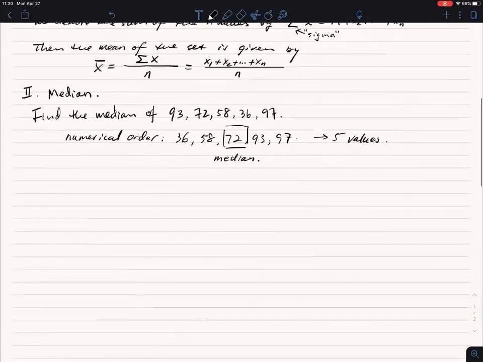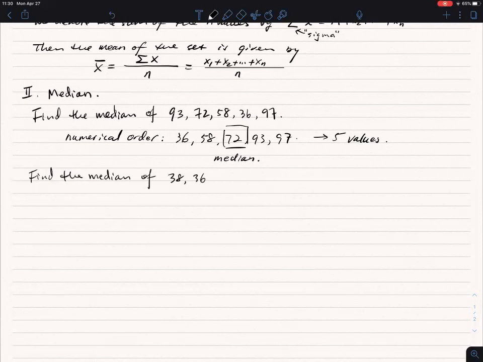Now how about finding the median of another set here. Okay, so maybe I was careless. I accidentally dropped a number, so I put 38 back here.